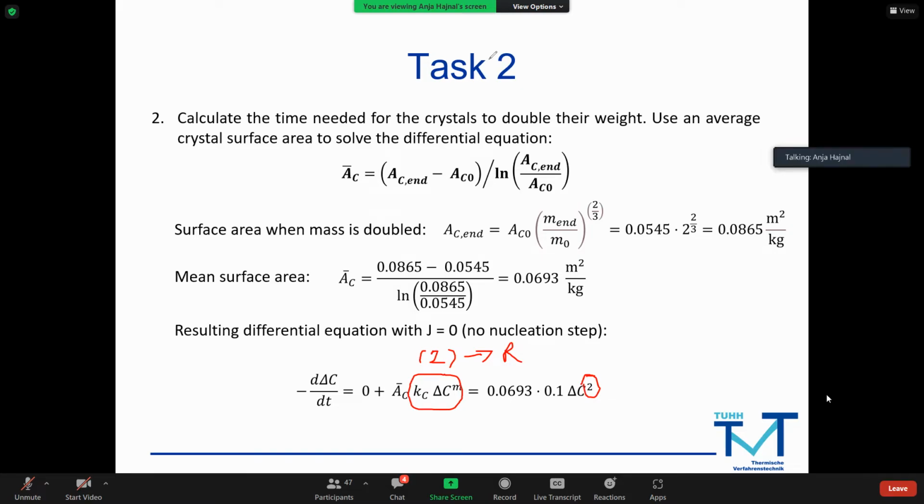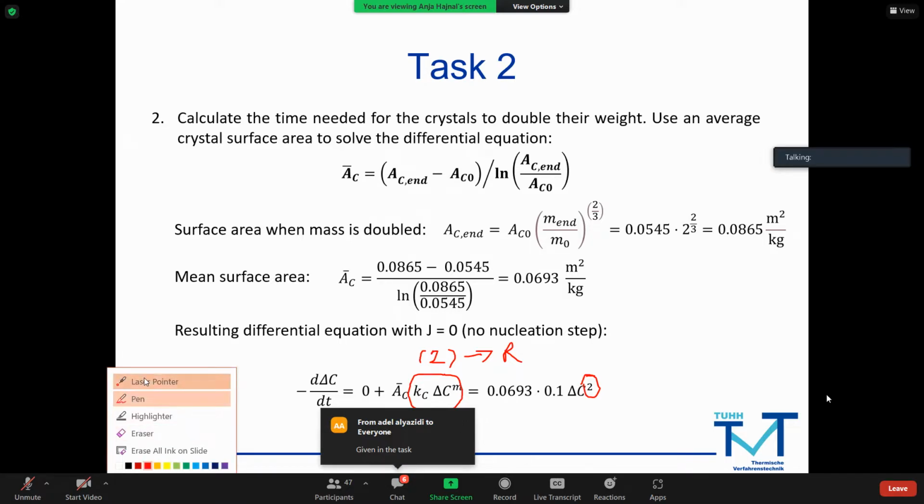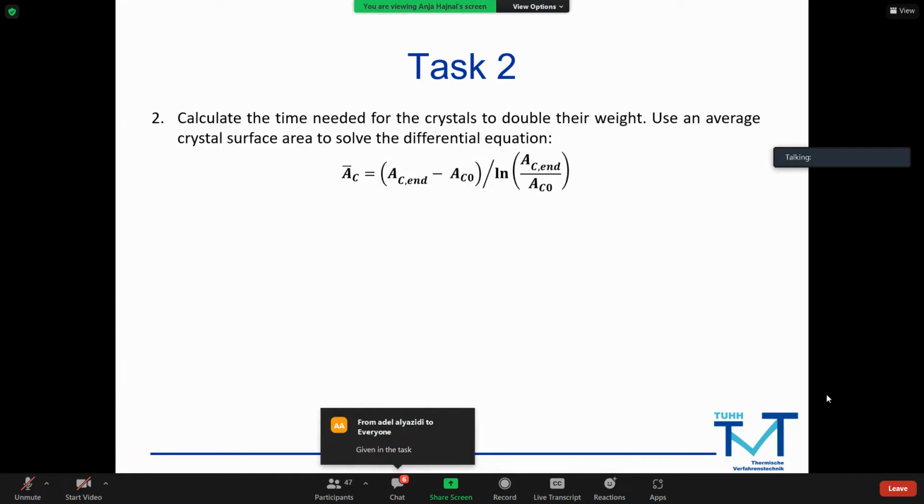All right, let me just delete what I just wrote. All right, now we've come to our integral.